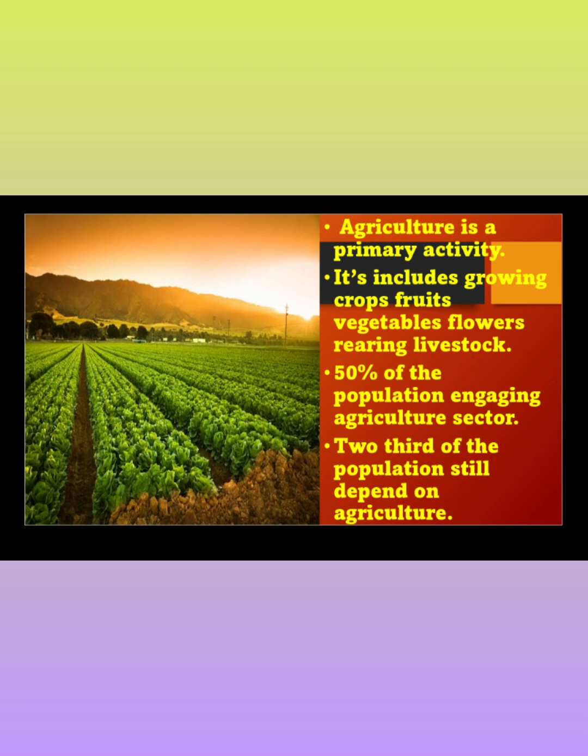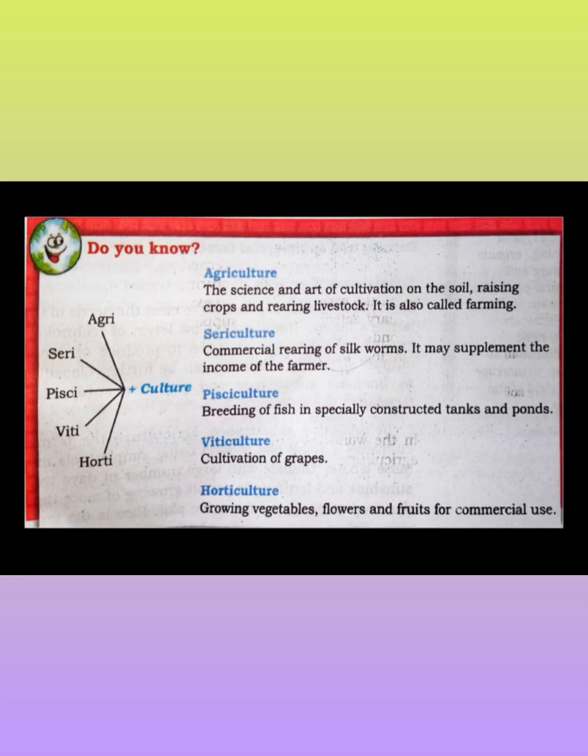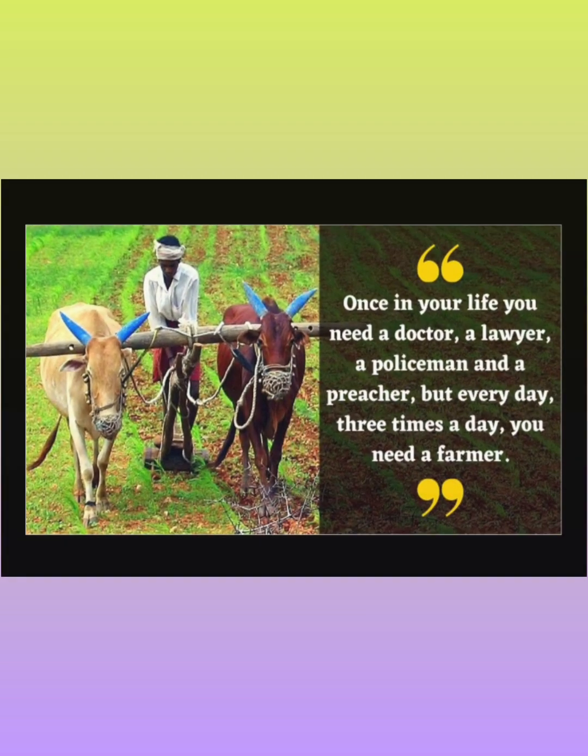Agriculture or farming can be looked at as a system. The important inputs are seeds, fertilizers, machinery, and labor.